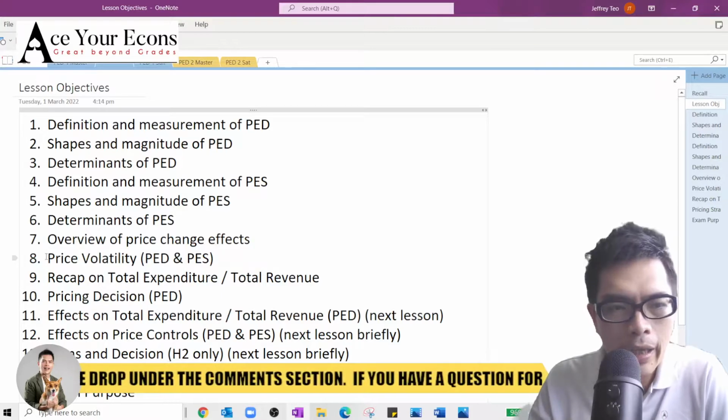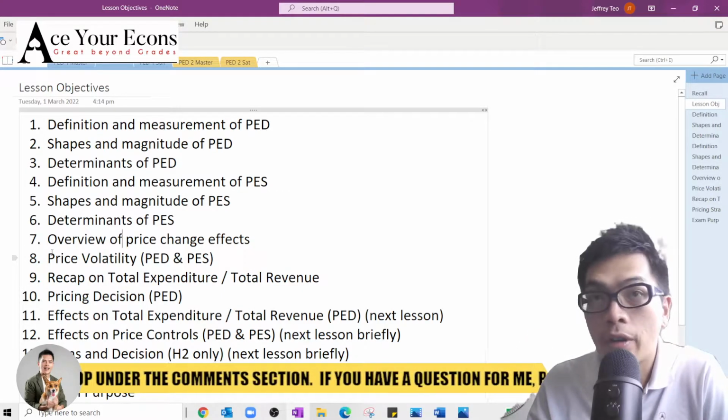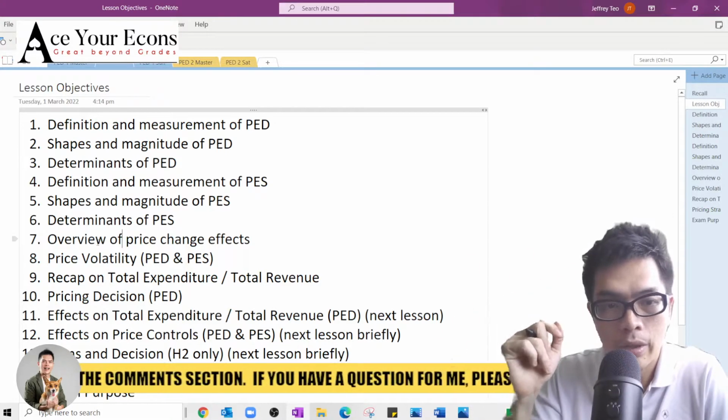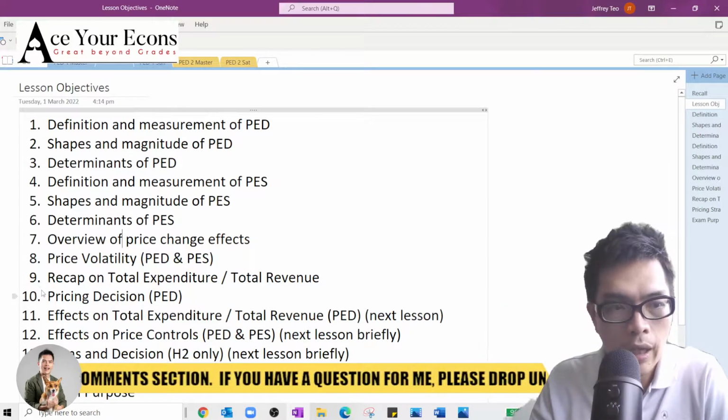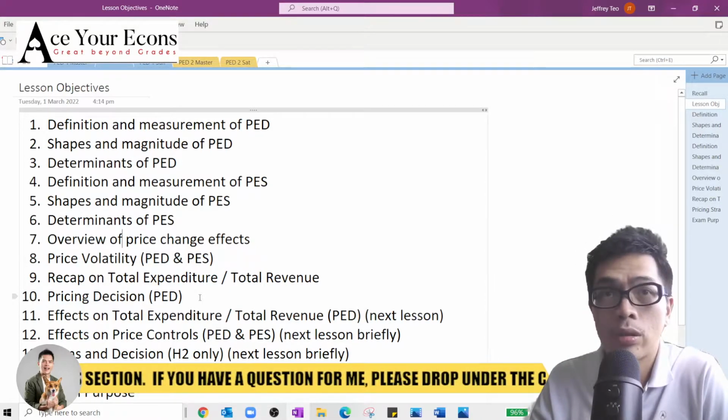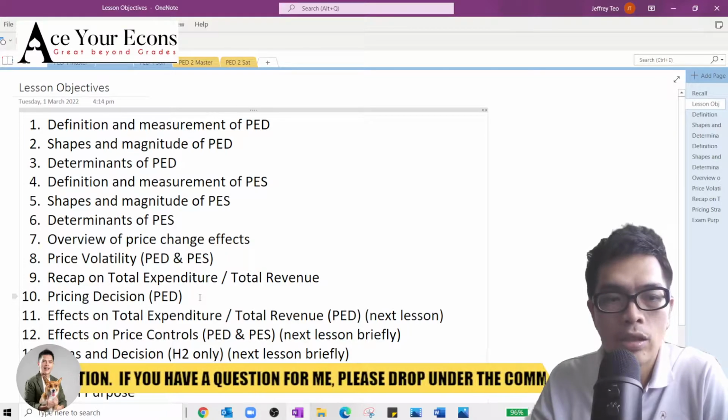Item 8 is specifically testing about price volatility, sharp rise, significant increase in price, dramatic increase. And item 9 and 10 would be the concept of total expenditure and total revenue and pricing strategy.